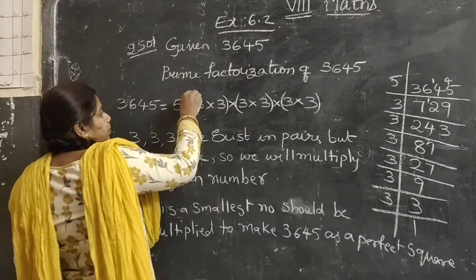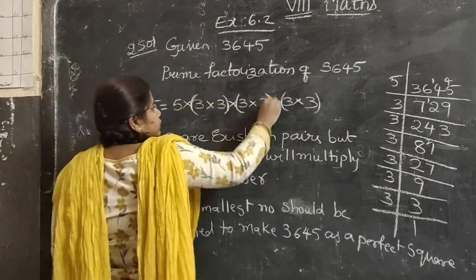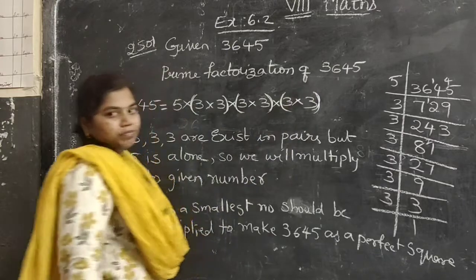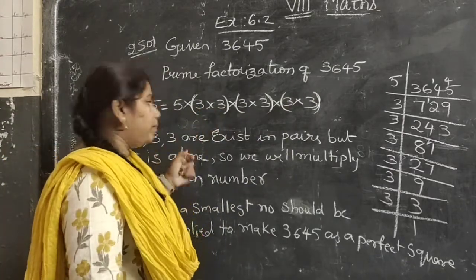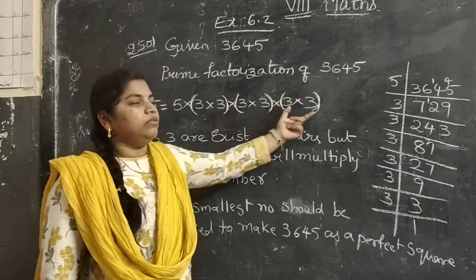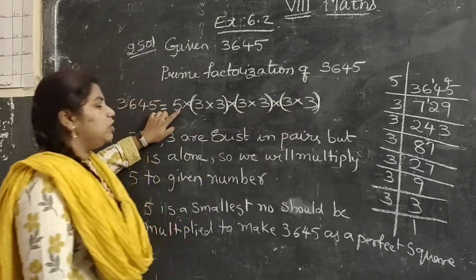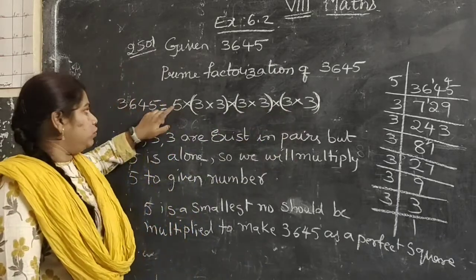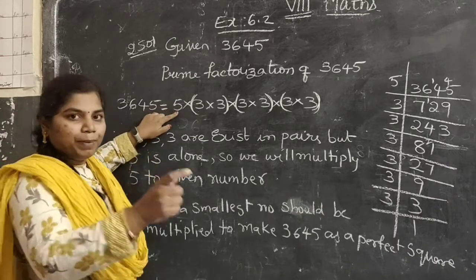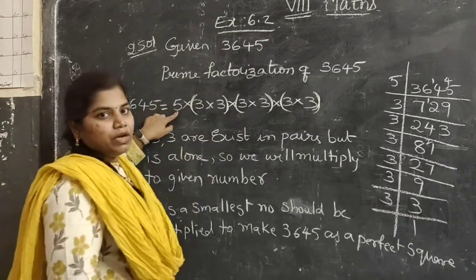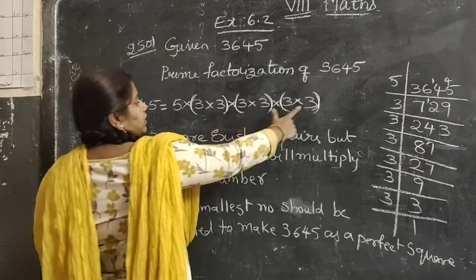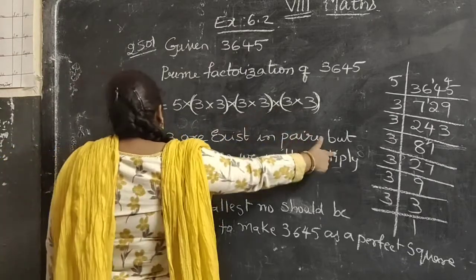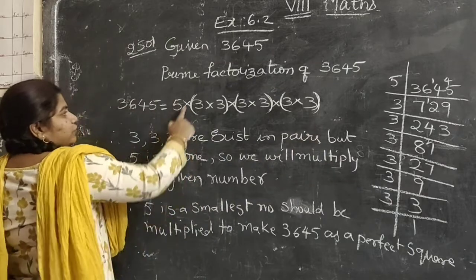So make it into pairs. Every two numbers will be equal to one pair. Product of two equal factors will be equal to one pair. So first pair, second pair and third pair. Now which number is alone here? Only 5 is alone. So to make this 5 in the form of a pair, we have to multiply one more 5. So the 3s are existing as pairs, but 5 is alone.